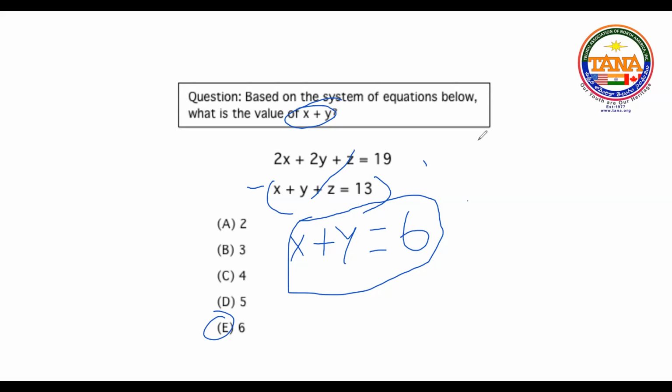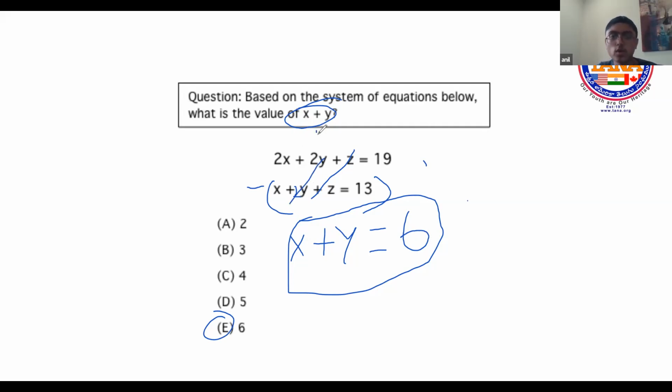Sonika? So if the question asked what's the value of x or what's the value of y instead of x plus y, would you be able to do that? No, simply because there's just not enough information. If this was 2y, I would know what x is, but it isn't.